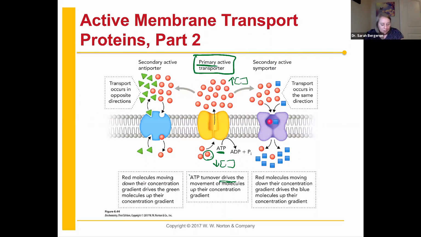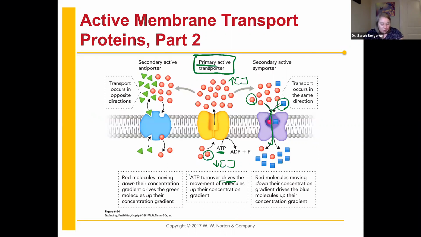In a symporter, right, we have a high concentration of these red molecules. Well, that's great, but we really want to get these blue molecules into the cell. So what's going to happen is a red and a blue are both going to go in, and the red goes in because of the concentration gradient, and the blue goes in because it's coupled, and then they both get spit out.